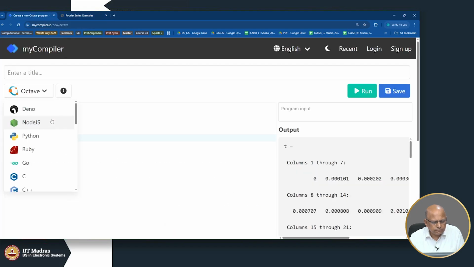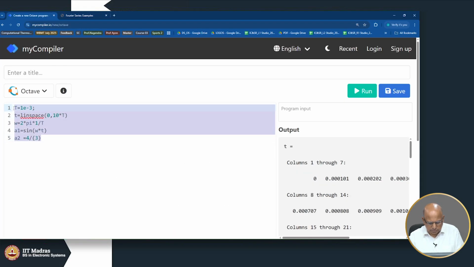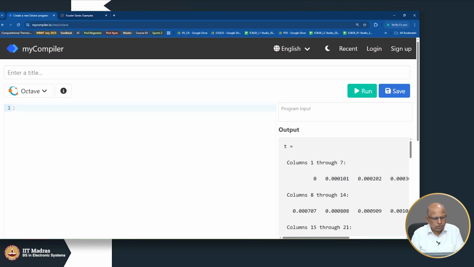So, let me try to illustrate this. Let us create the period to be 1 millisecond. Okay.